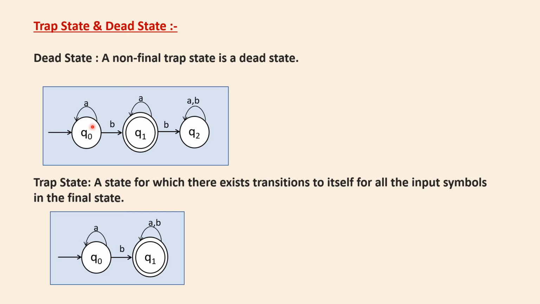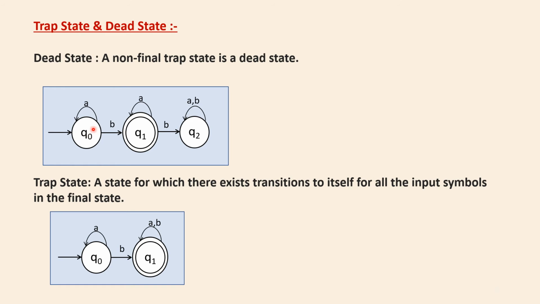It needs at least one B to reach Q1, but if it has another B, then it goes into a dead state. So the entire DFA accepts only strings that have exactly one B in them. If I have another B, it goes into a dead state where all the transitions happen in Q2 itself.